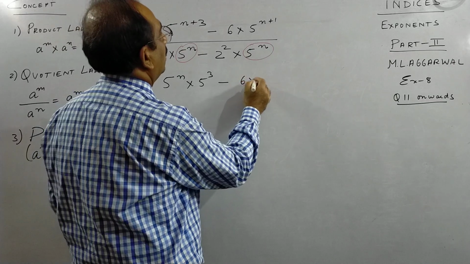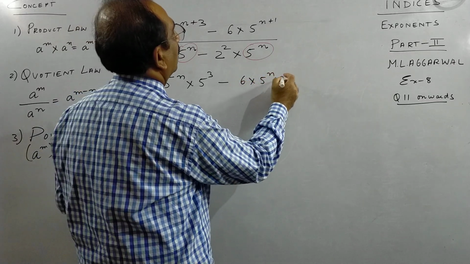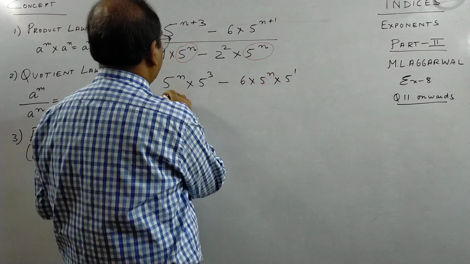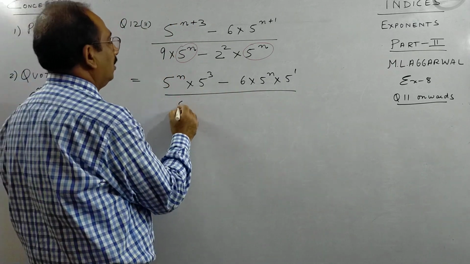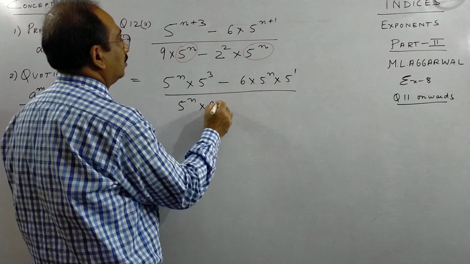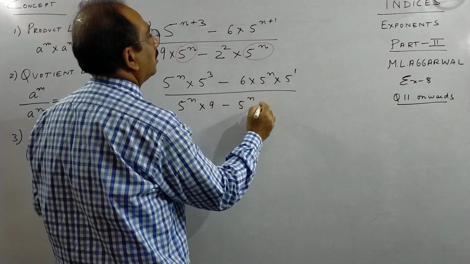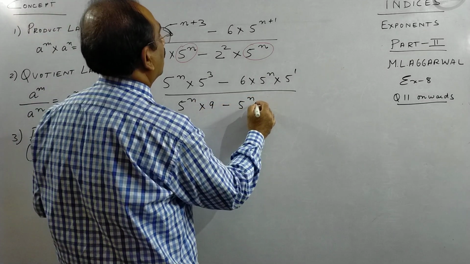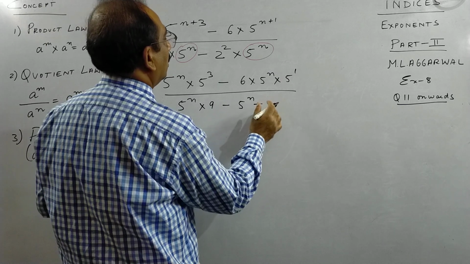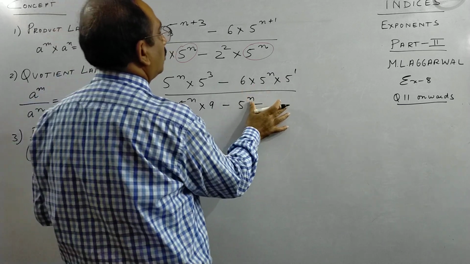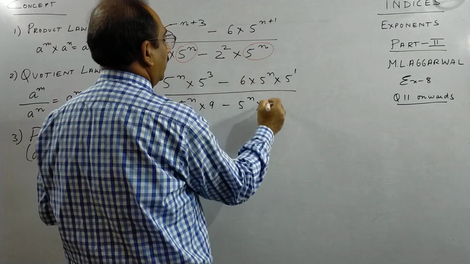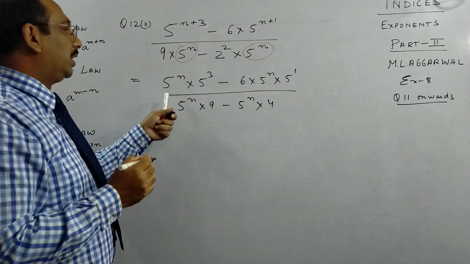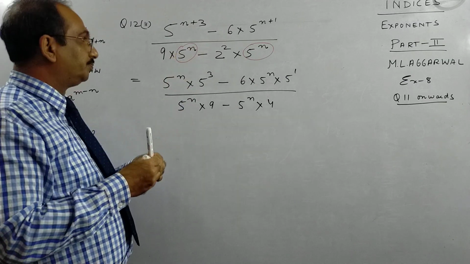So I simply take the converse of product law, and I have taken out 5 to the power n.